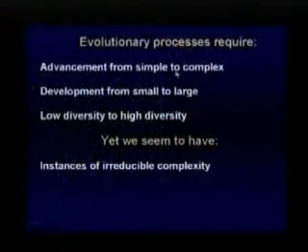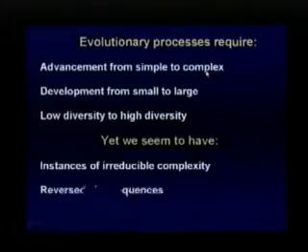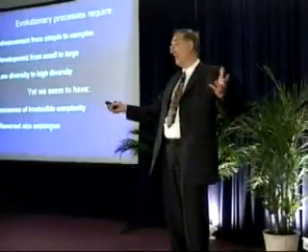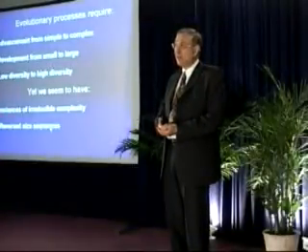So we don't have advancement from simple to complex. Everything was always complex. Do we have small to large? No. If we go into the past history, everything was bigger and larger and more magnificent than it is today.